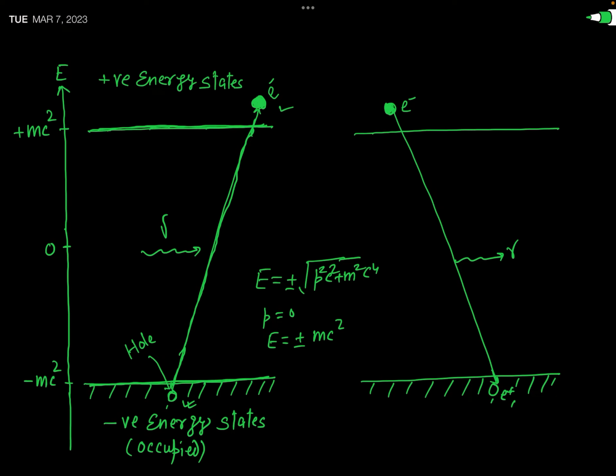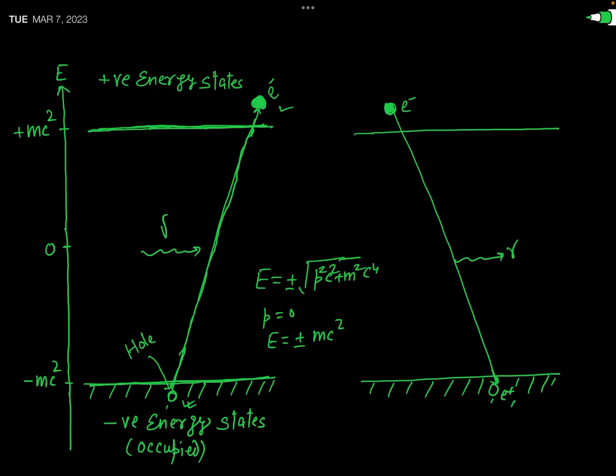This electron and this hole, which is also called a positron, are called a pair. So this is just the phenomenon of pair production. And this hole is also called the positron, and the positron is also called the antiparticle of the electron.